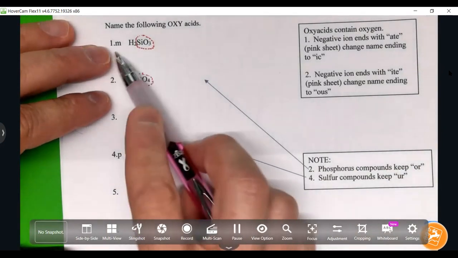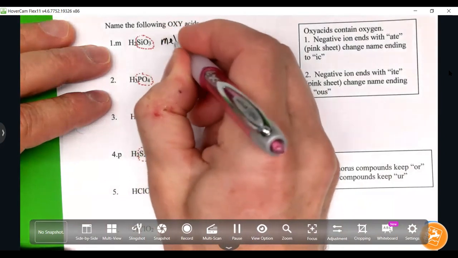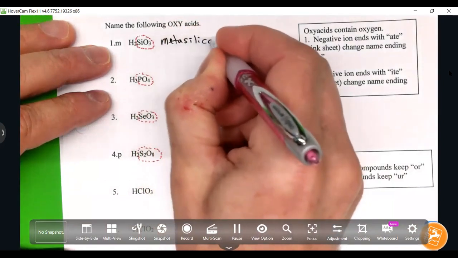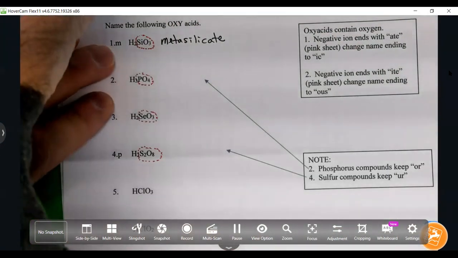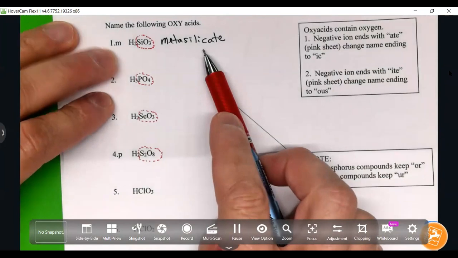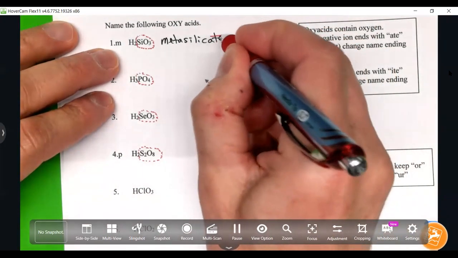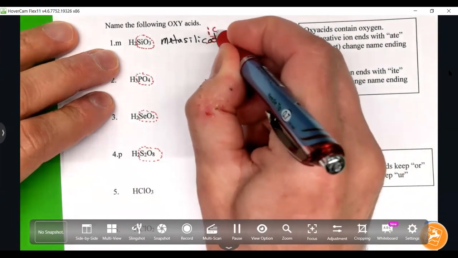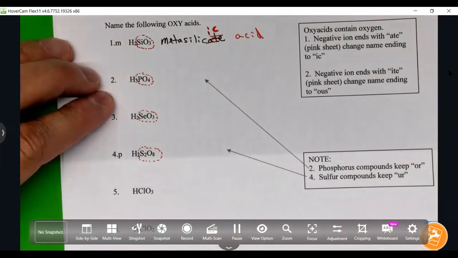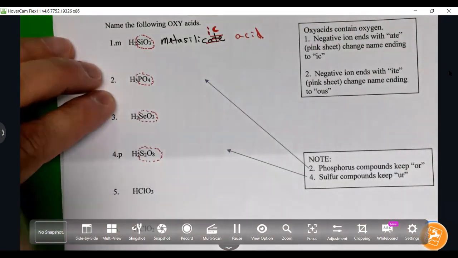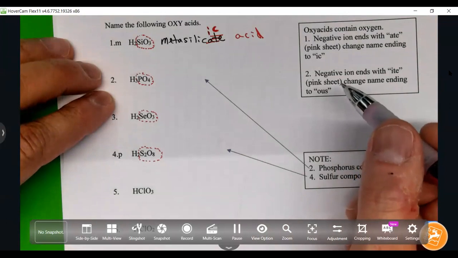So number 1, the SiO3 is metasilicate. And we're simply going to cross out the ATE and change it to IC. You should pronounce that metasilicic.